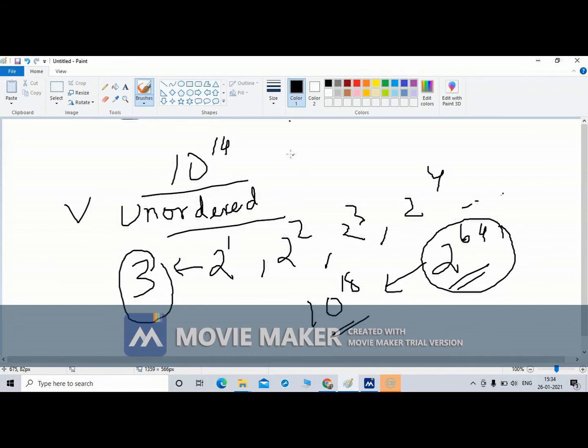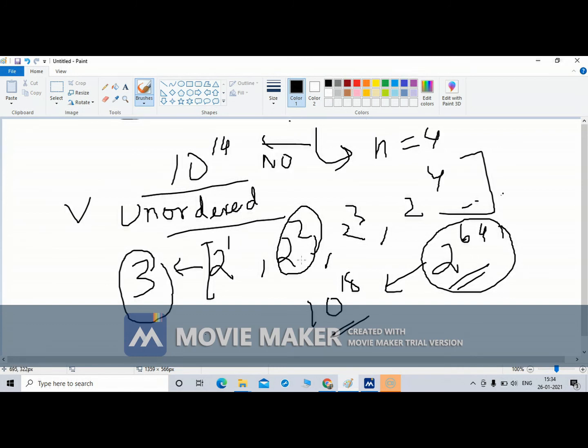So we save those numbers in an unordered list, and whenever the user gives us an n, we check whether that list contains that number or not. If suppose they give n equal to 4, it already exists in this list, so the answer will be no, because it only has the prime factor 2. No other prime factor is present in 4.